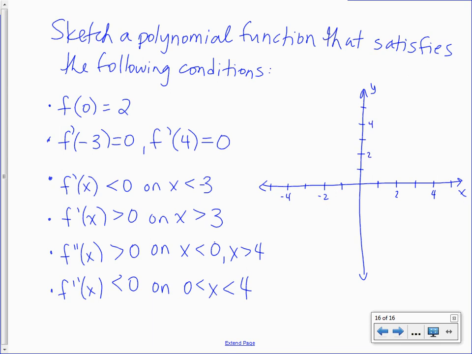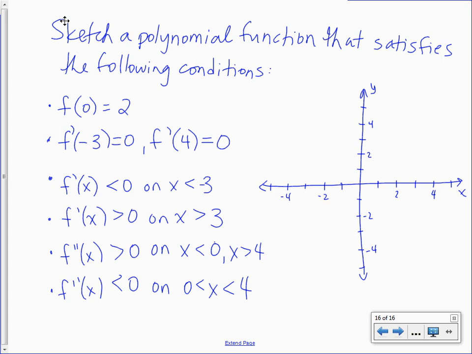Do you guys want me to give you a scale? Yes, please. I'll think about it. Okay, so there it is.